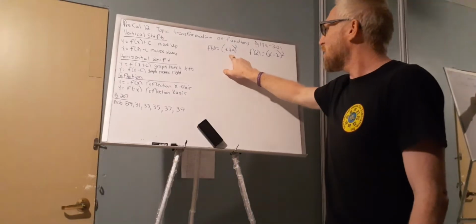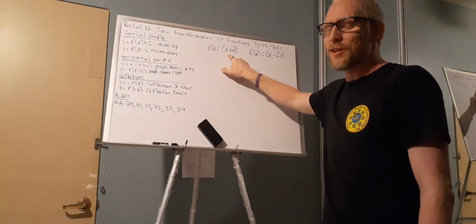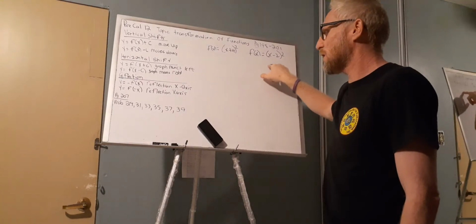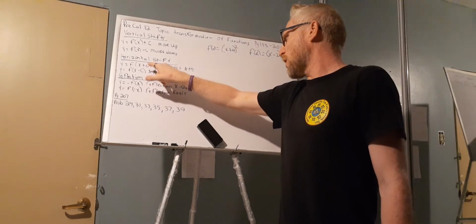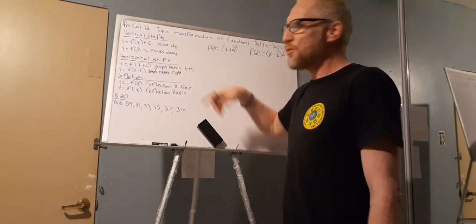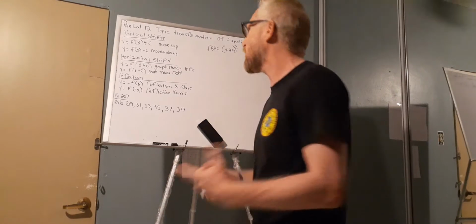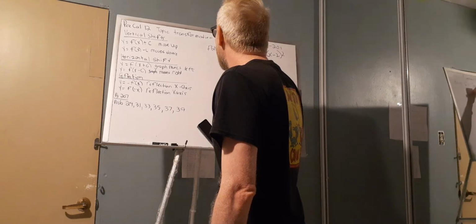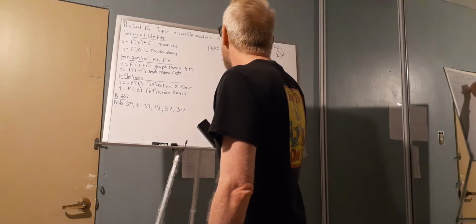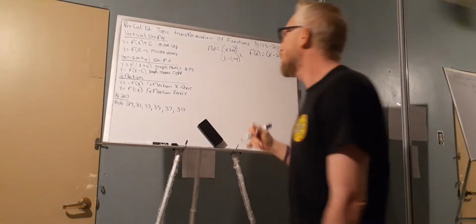It's just that this one indicates a translation to the left, and this one indicates a translation to the right. So, if you look at the formula, f of x plus c says the graph moves to the left. Whenever there's a plus sign, the graph actually moves to the left. And the reason is because this is the same thing as saying x minus negative 4 squared. And you all know that x minus negative 4 is x plus 4.